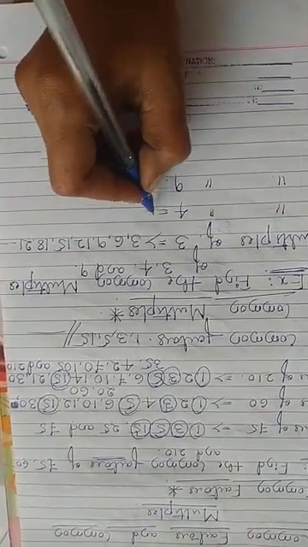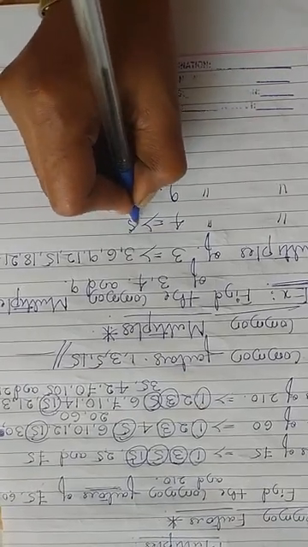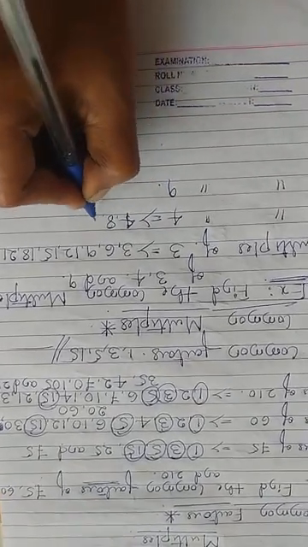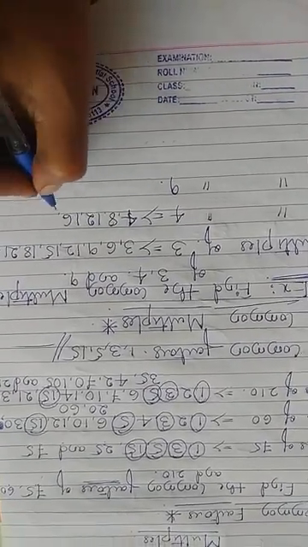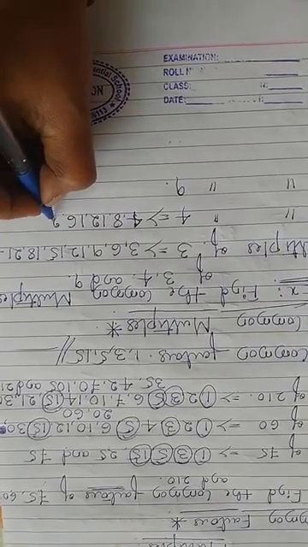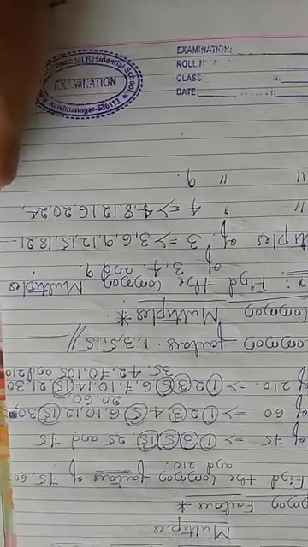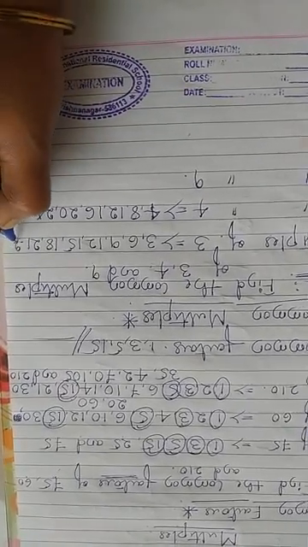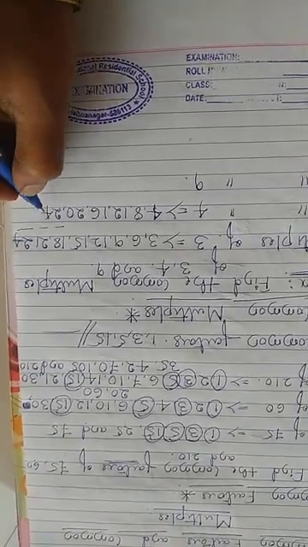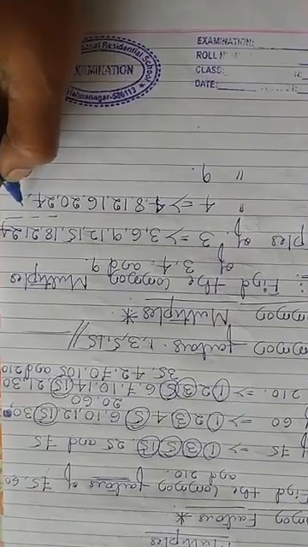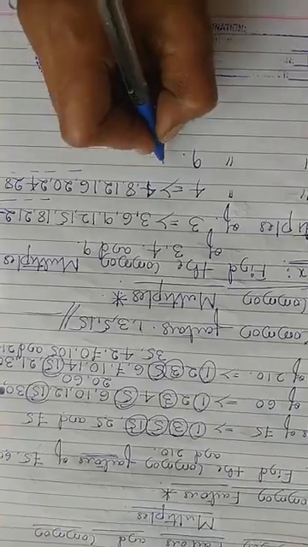Next, 4 1s are 4, 4 2s are 8, 4 3s are 12, 4 4s are 16, 4 5s are 20, 4 6s are 24, 4 7s are 28, and so on.